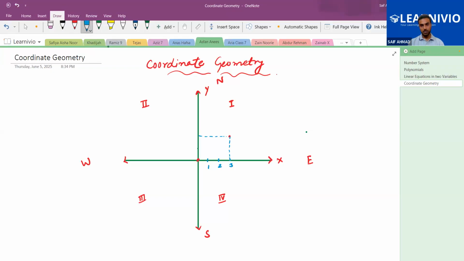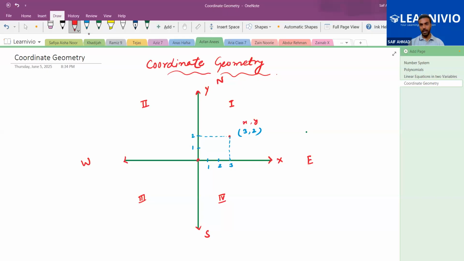And it is 2 units on the y-axis: 1, 2. So the point is 3 units along the x-axis and 2 units along the y-axis. The coordinates of this table lamp will be (3, 2). First we write x, then we write y. Understood, Sakshi? Yes, sir.